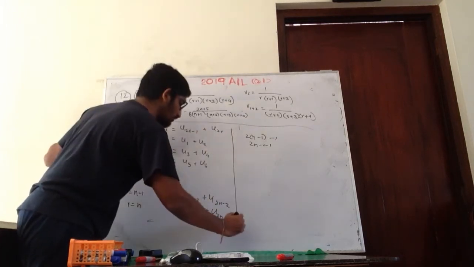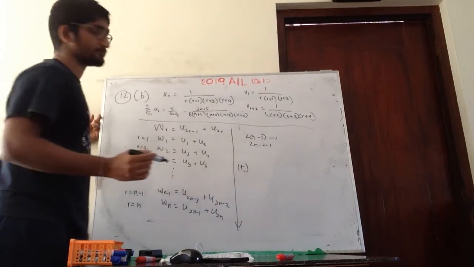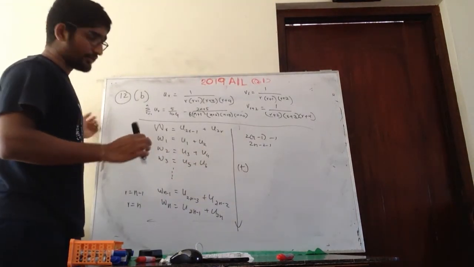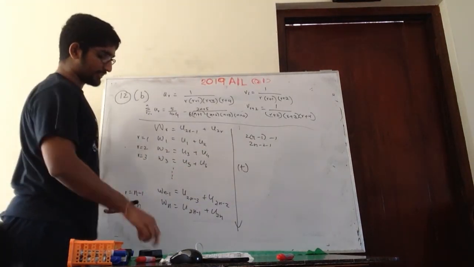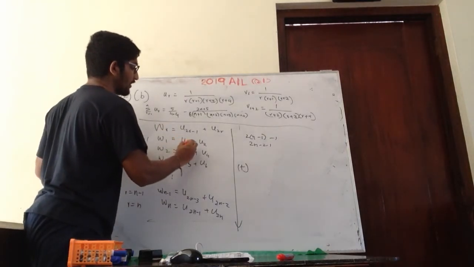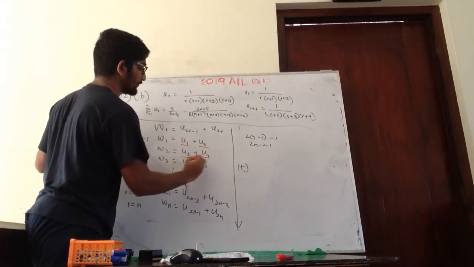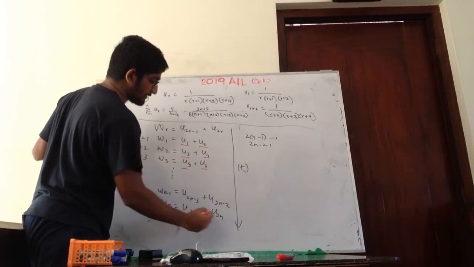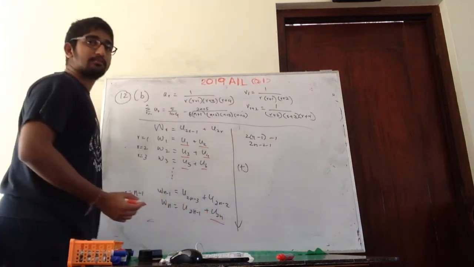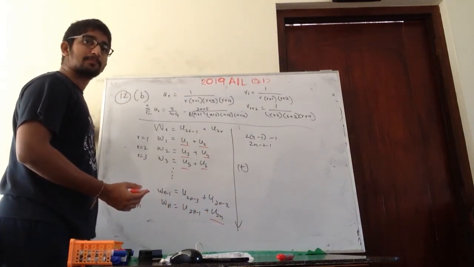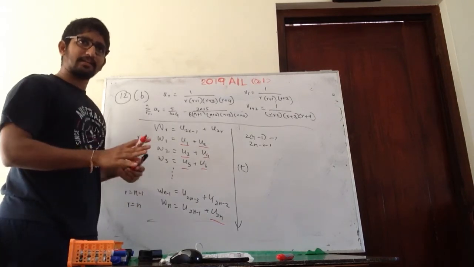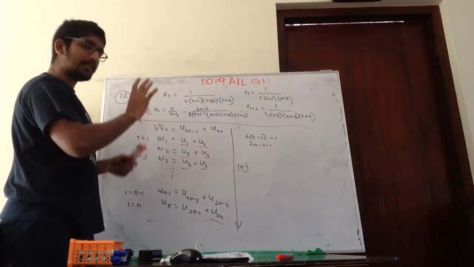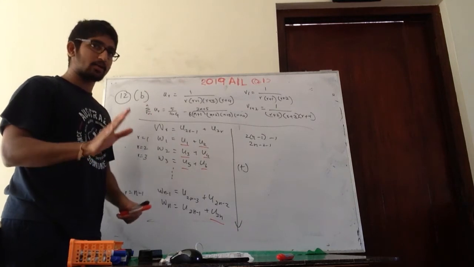So what you need to do is add these up. Right? Now what you all need to see is that all these are there. U1 is there, U2 is there, U3, U4, U5, U6, and then there's until U2n. So it's simple as that. There's nothing complex here at all.